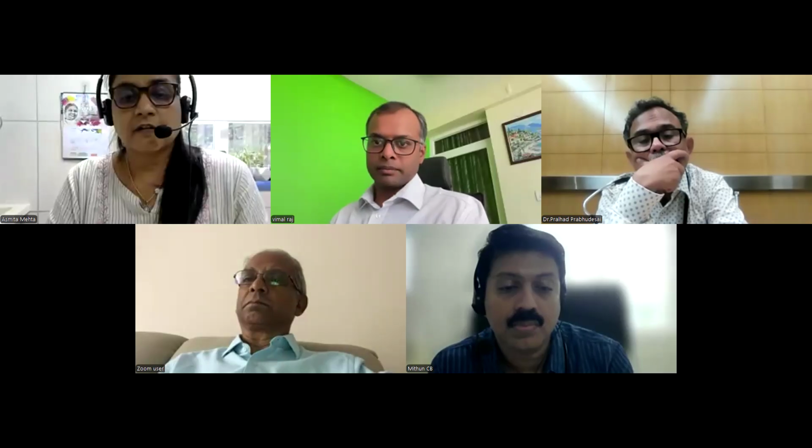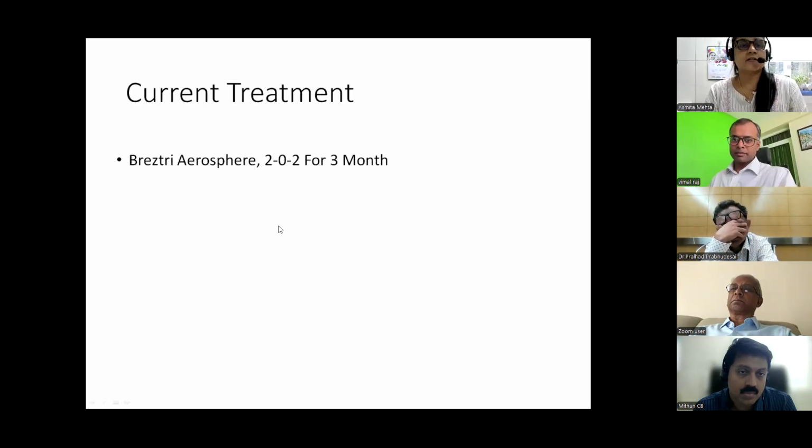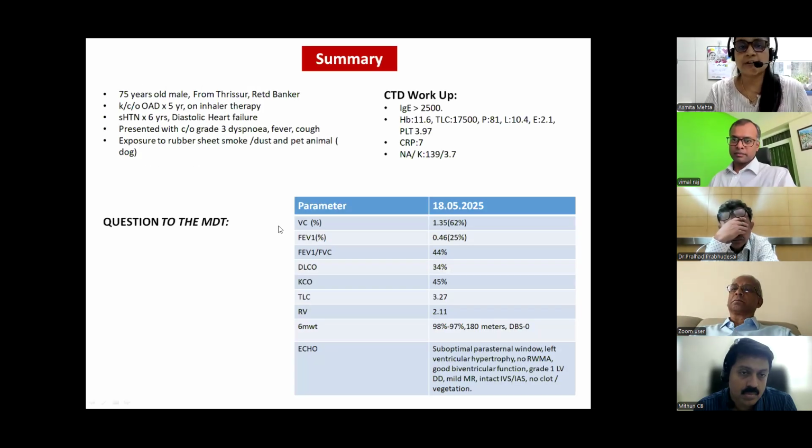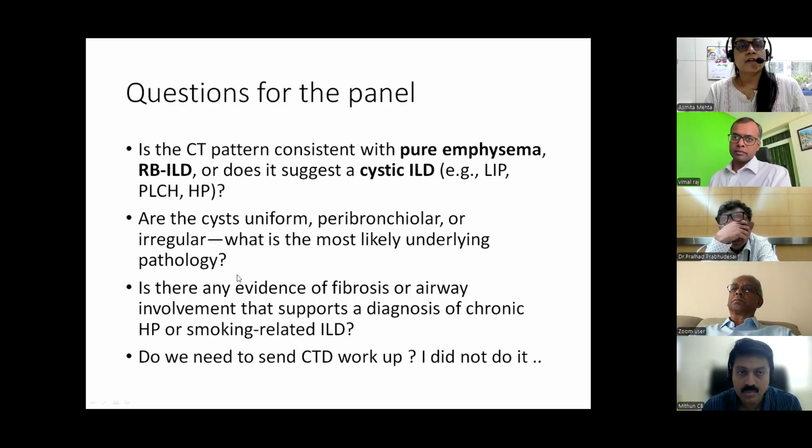I think we will move to my question. My doubt was only whether this is cystic lung disease, or I'm treating him as COPD, and is the CT pattern consistent with pure emphysema, RB-ILD, or is it cystic ILD? So you feel that it favors emphysema, right?